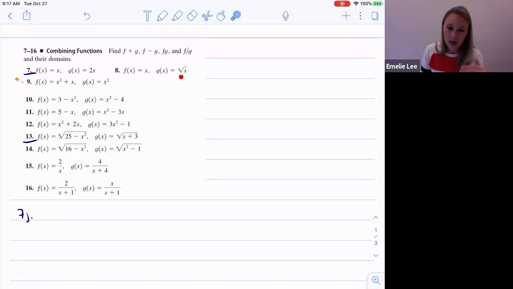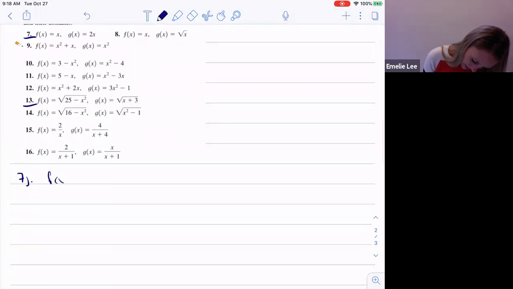So everything here, all real numbers, and that's why I picked this square root and this square root here, because we're going to have to restrict our domain a little bit. Same thing here, right? We would have to restrict our domain because we've got x's in the denominator, and we can't have x where the denominator is 0. So we'll start with 7, and we'll just copy them down here. f of x is root x, and g of x is 2x.